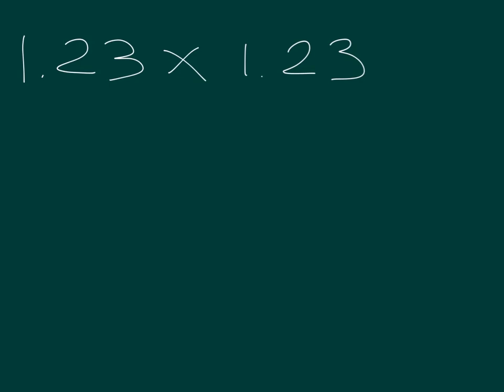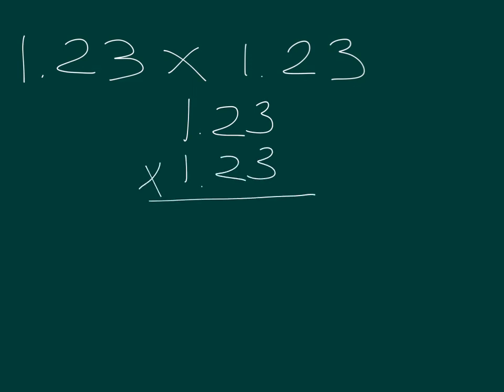All right, and our last example, we have 1 and 23 hundredths times 1 and 23 hundredths. So what we're going to do is, again, multiply as normal. 3 times 3 is 9. 3 times 2 is 6. 3 times 1 is 3.